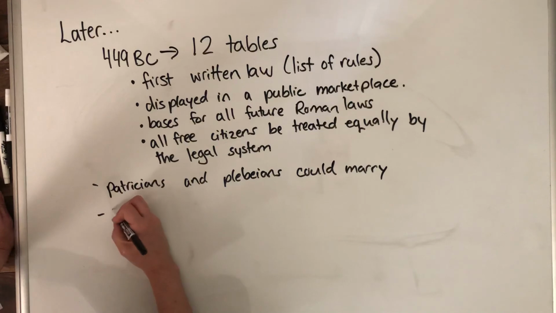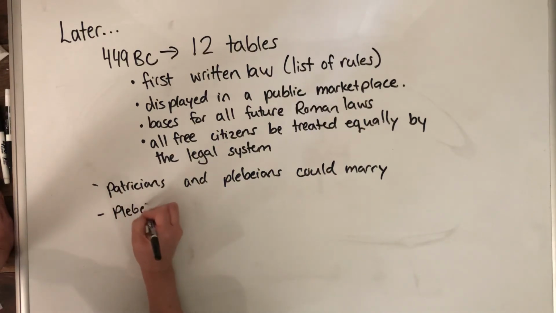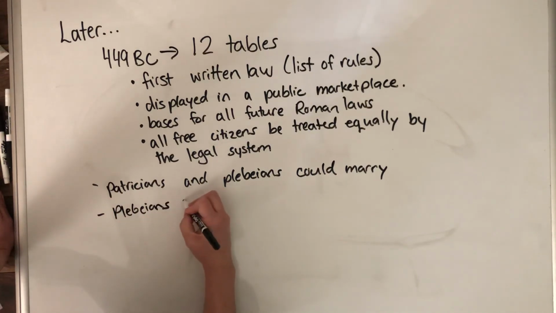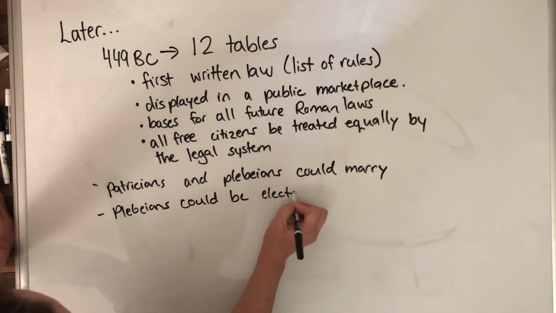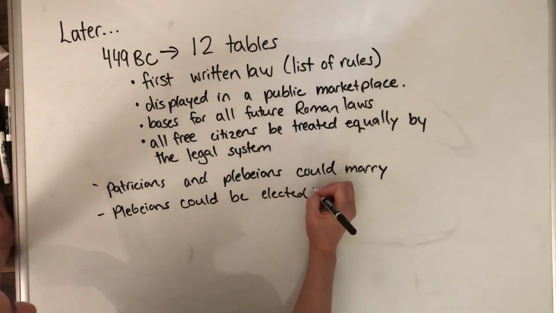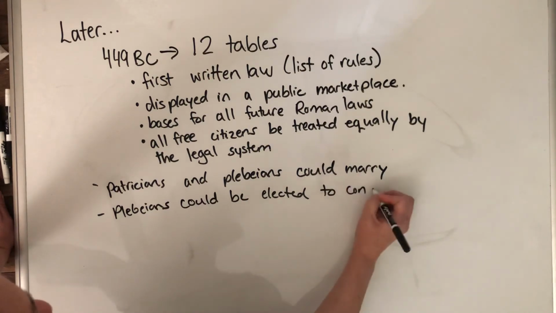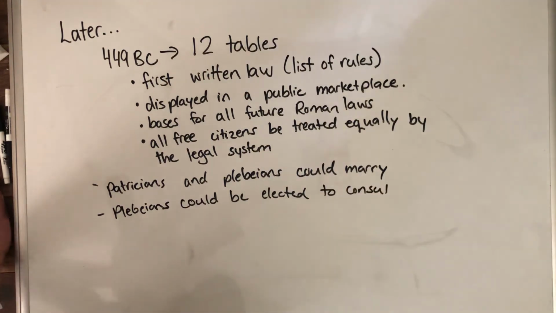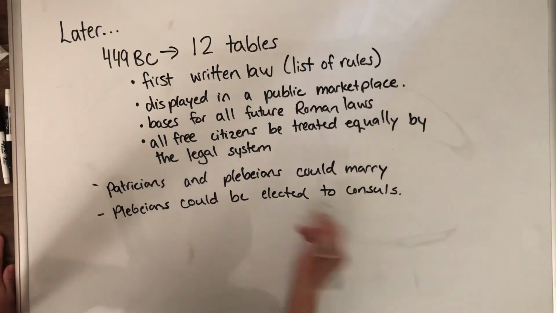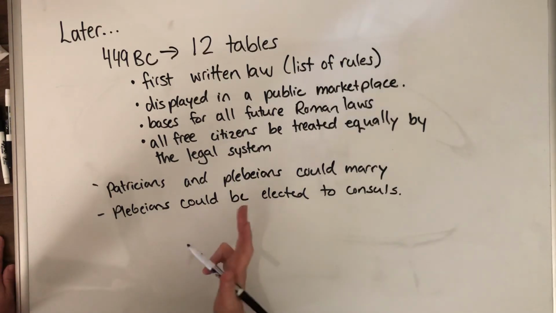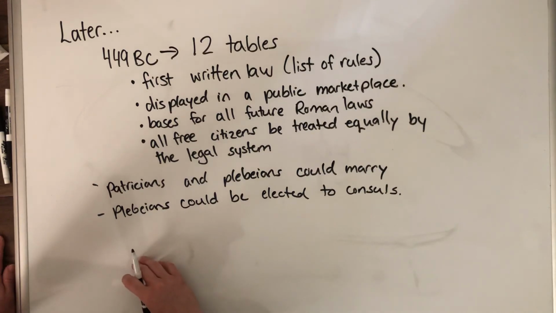And then eventually, the plebeians could be elected to consul. And eventually one of them had to be consul. Since there was two, eventually they had to be.